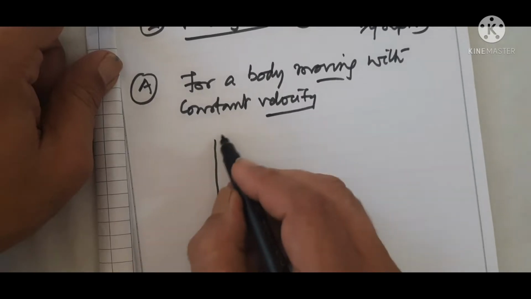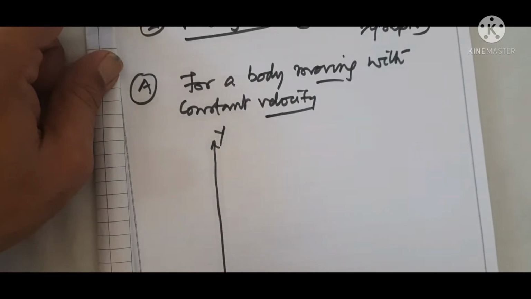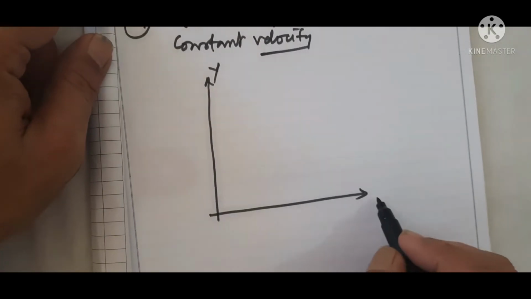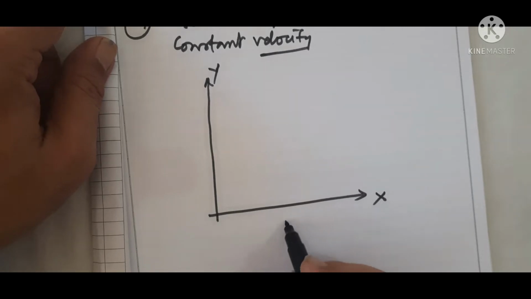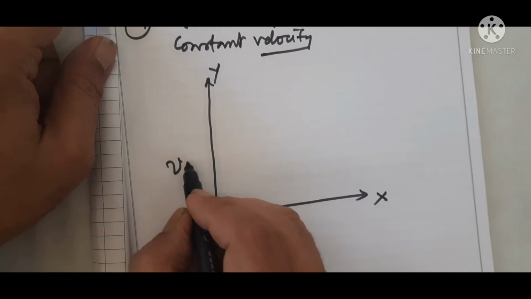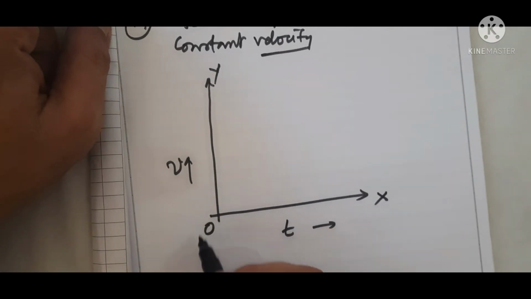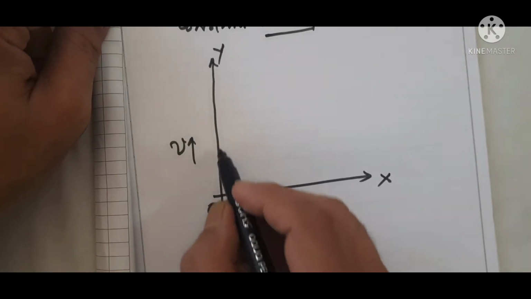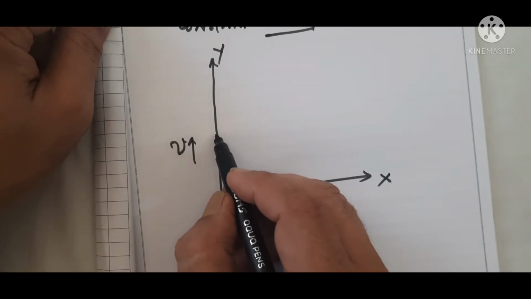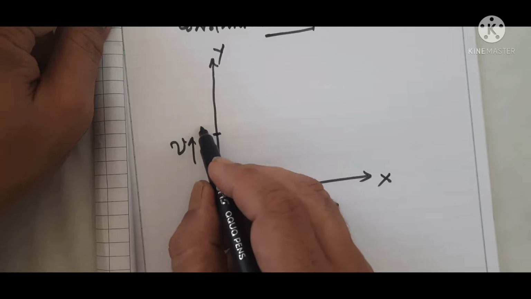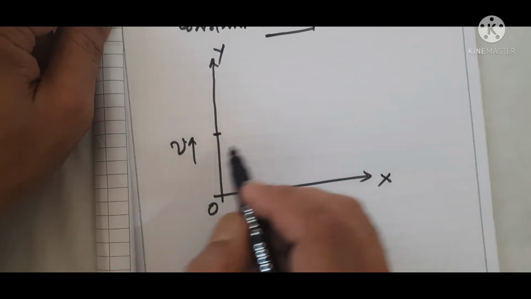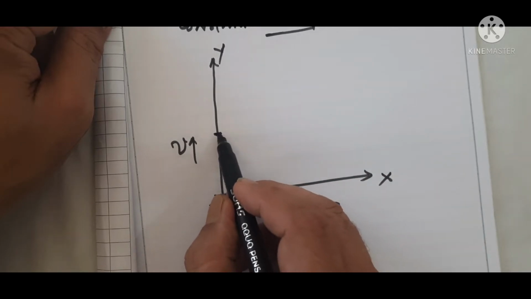V along the y axis and t along the x axis. Let us assume that this is the origin and the body has some initial velocity, say for example 5 meter per second or 10 meter per second, whatever is there, from the origin we can mark it.